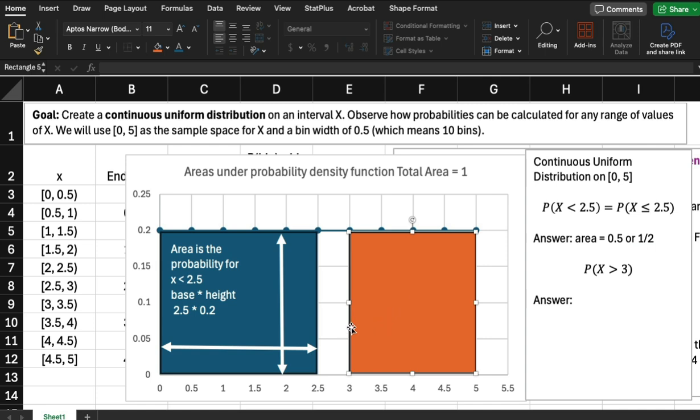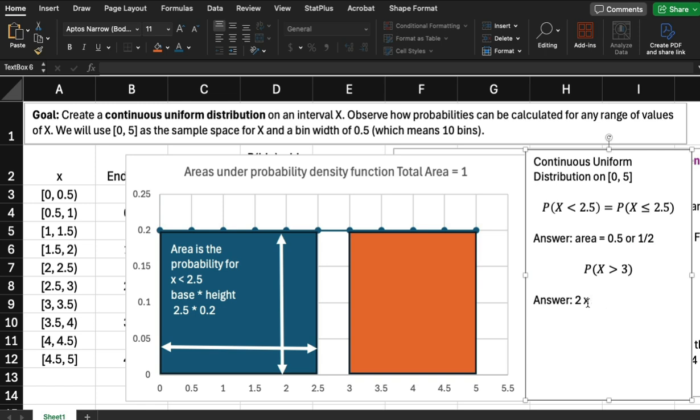Now, again, take the length of the base and multiply by the height. The base is 2, right? Going from 3 to 5, think about the width of that. 5 minus 3 is 2. So the length of that is 2, and the height is always going to be 0.2 in this.